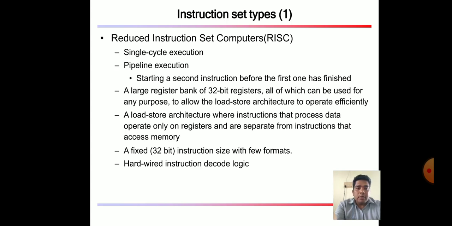And it is a 32-bit processor, that is a fixed 32-bit instruction size with few formats. And one more thing is hardwired instruction decode logic is there in the reduced instruction set computer.